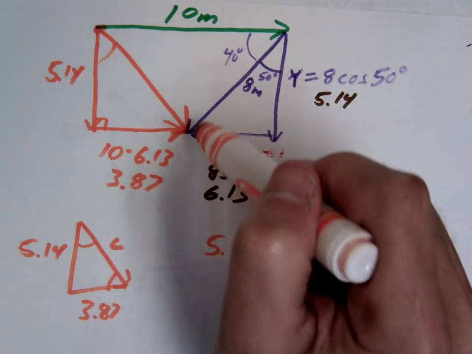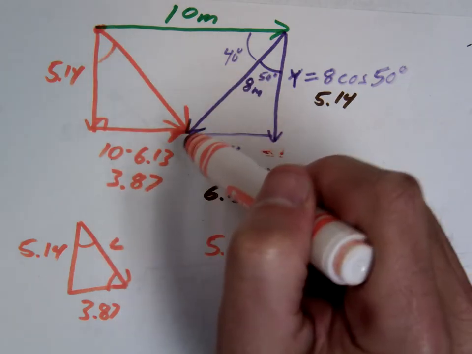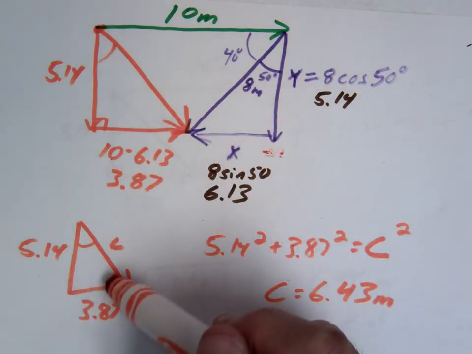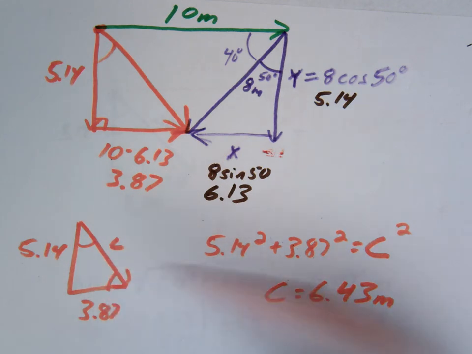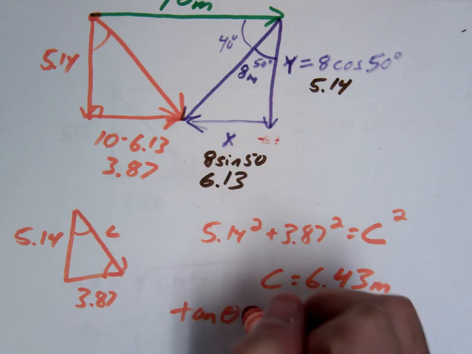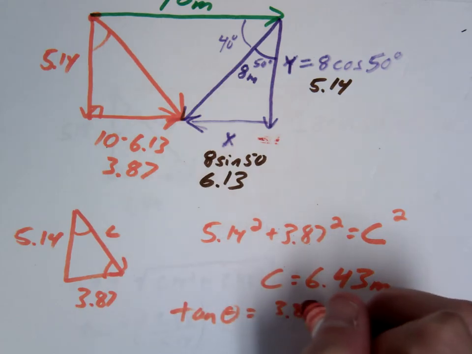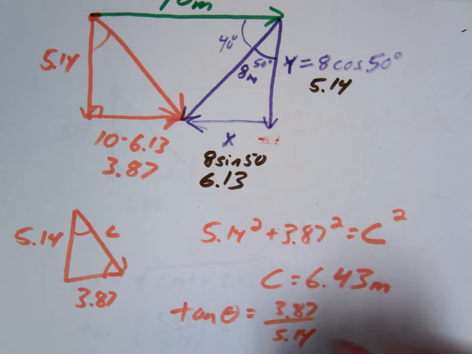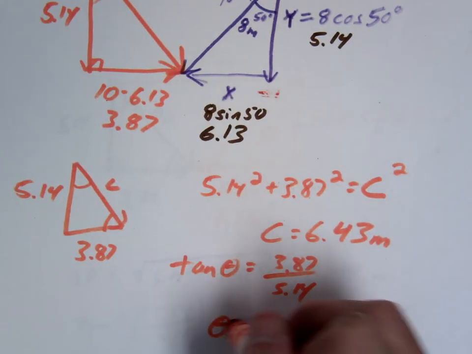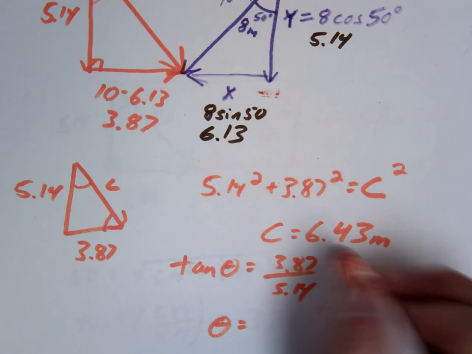This direction is southeasterly. This is southeasterly angle. This is northwesterly. It doesn't make sense. So make sure the angle makes sense. Alright, tangent theta equals 3.87 divided by 5.14. Solve for theta. Inverse tangent this.